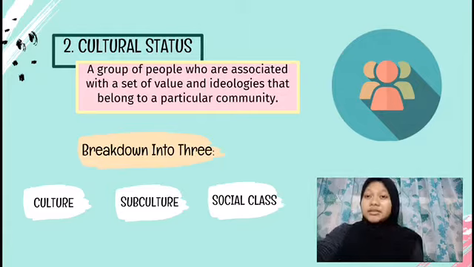Social class. Each and every society across the globe has a form of social class. The social class is not determined by income alone, but also other factors such as occupation, family background, education, and location. Social class is important to predict consumer behavior.